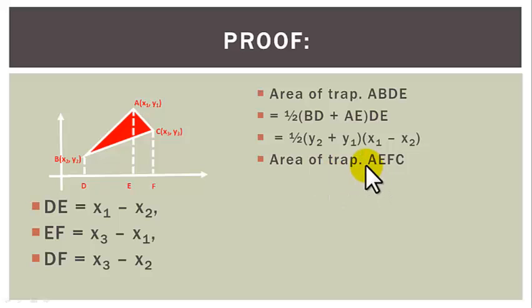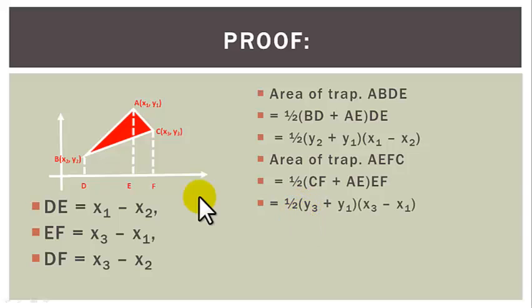Area of trapezium AEFC is equal to half of (CF plus AE) times the height EF. This is equal to half into (CF is y3 plus AE is y1) times the height EF, which is x3 minus x1.